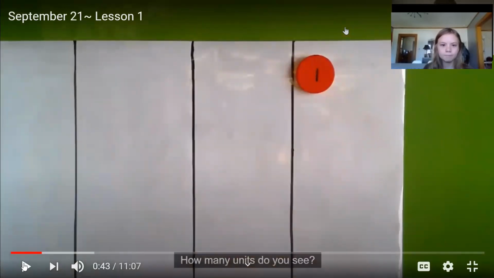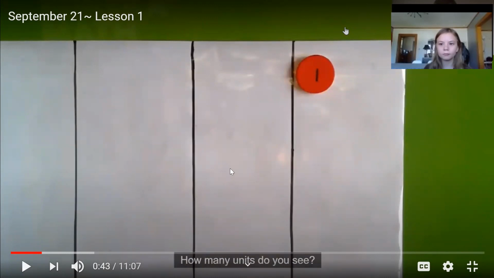If you look at the place value chart in front of you, it asks, how many units do you see? If someone wants to unmute themselves, what do you see on the place value mat? 1. Seth, what do you see? 4? No, you shouldn't see a 4.